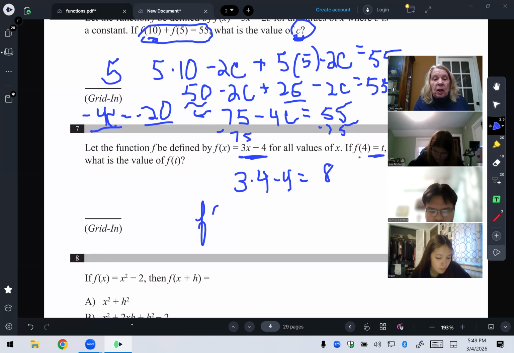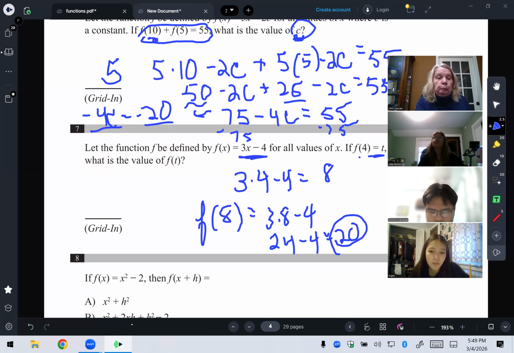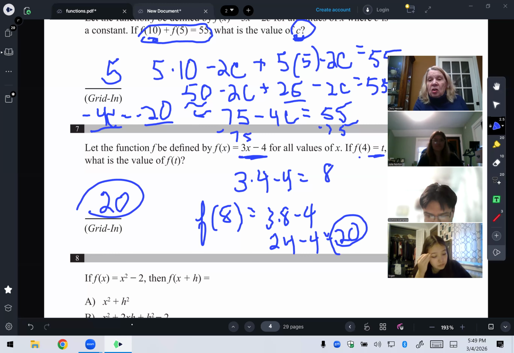Now we're doing f of 8, so we put the 8 back in. That'll be 3 times 8 minus 4. 24 minus 4 is 20. Thank you, College Board, for 10 points. So that's all good with everybody. Julia, thumbs up. Dominic's good. Logan, you're good too.